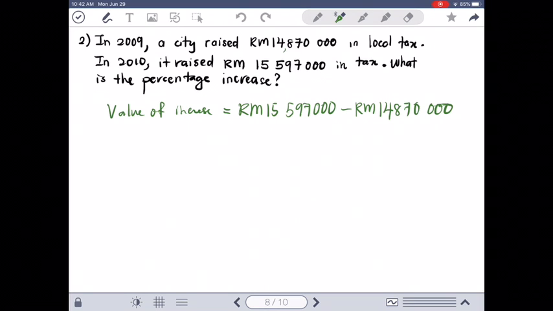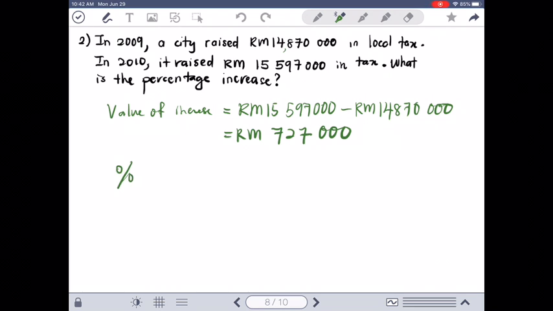So we press our calculator. We should get RM 727,000. Let me double check. Right, that's correct.